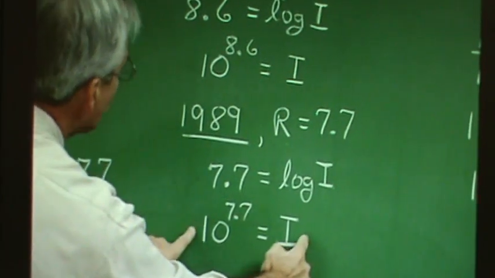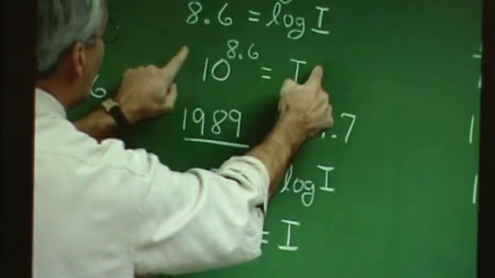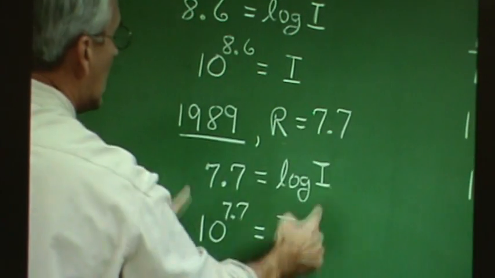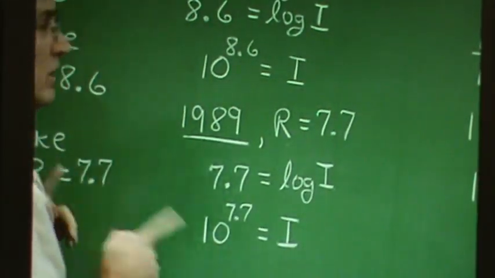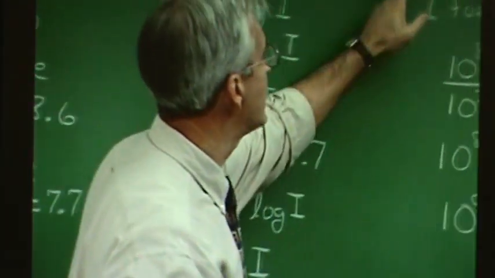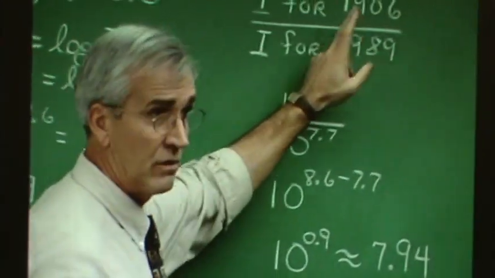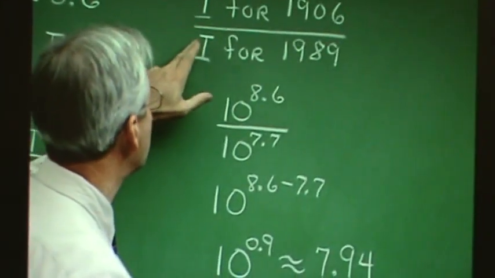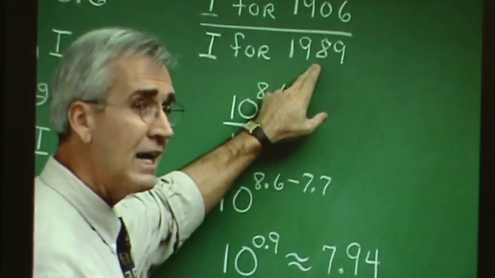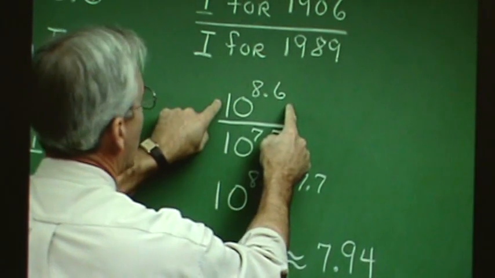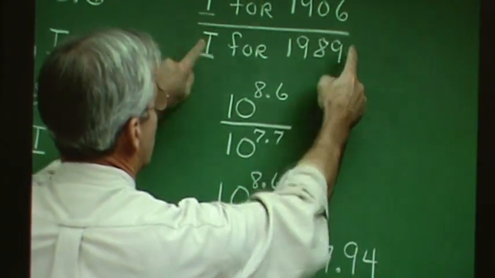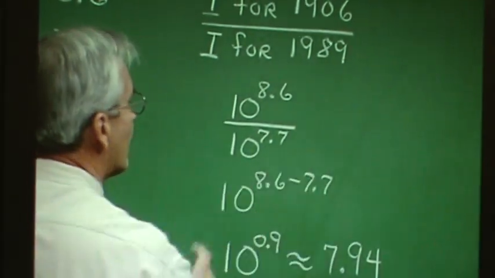Well, maybe we still don't have a good reference for the difference in these intensities. So let's make a ratio out of them. Let's consider the ratio of the intensity for the 1906 earthquake over the intensity of the 1989 earthquake. Now, the intensity for the 1906 was 10 to the 8.6. For the intensity of 1989, it was 10 to the 7.7.